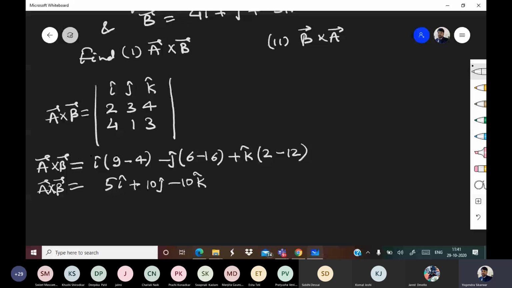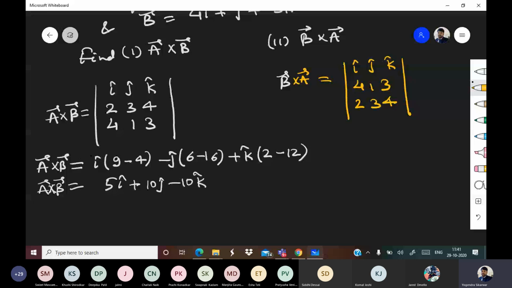So that is A cross B. Now using this I can directly write B cross A, but I won't be doing that. I'll be solving it. So B cross A will be i j k, 4 1 3, because we are doing B cross A, and 2 3 4. All right.